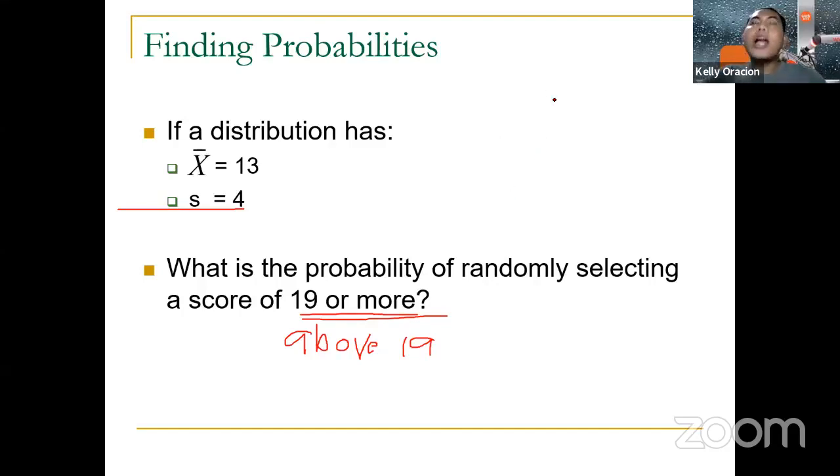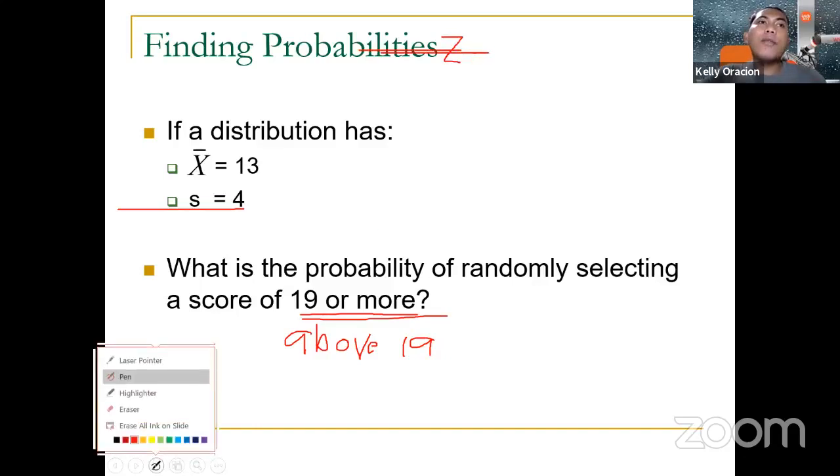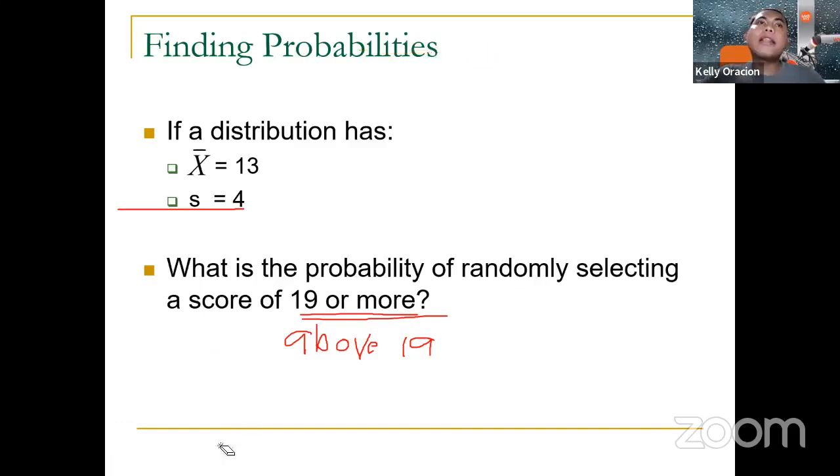Sir, how do we solve this? For the z-score, there are two formulas, depending on the given. Again, there are two formulas for the z-score, depending on the given. Z-score is equal to x minus mean over standard deviation.